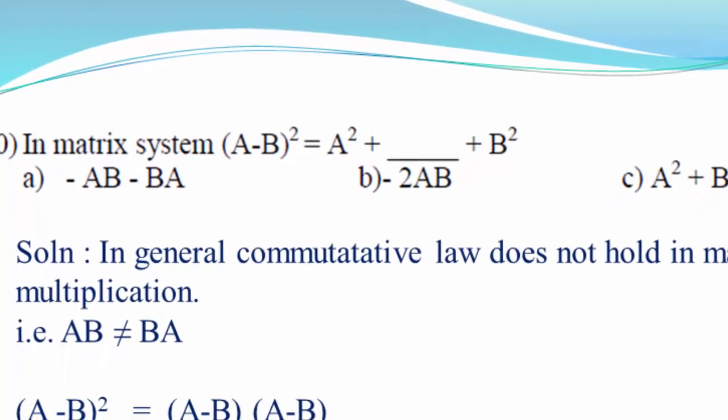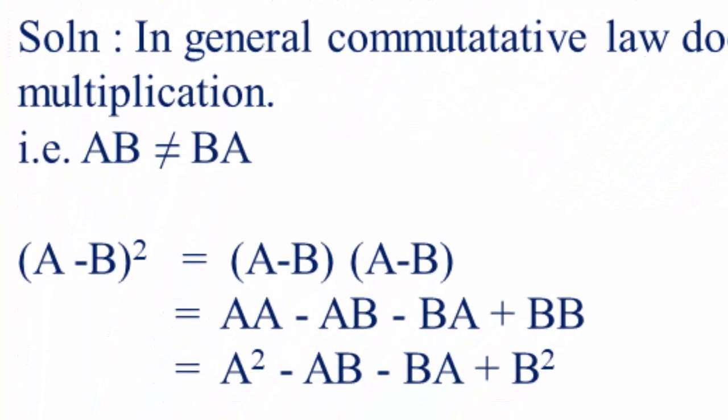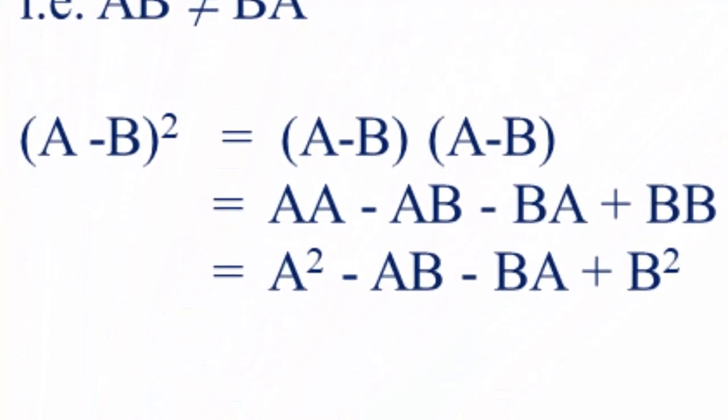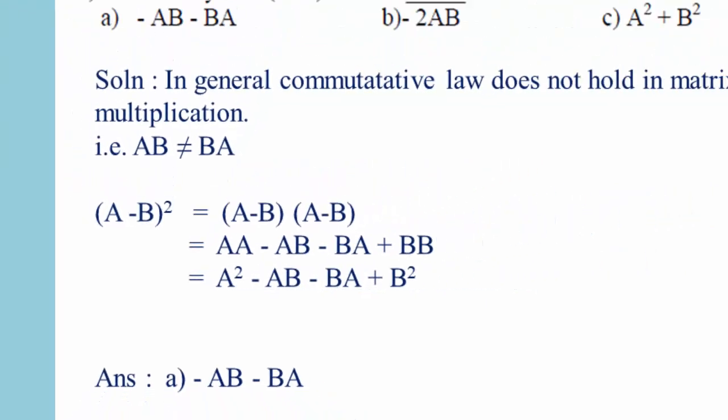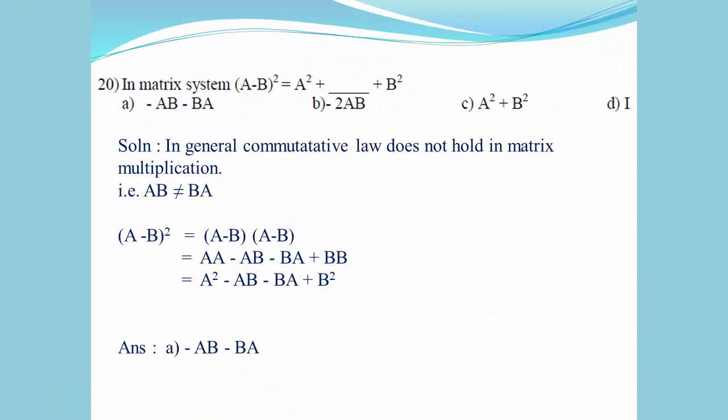Therefore, (A minus B) whole square has to be written as (A minus B) into (A minus B), and we have to multiply these two matrices. So, we get the resultant answer as A into A minus A into B minus B into A plus B into B. So, we get A square minus AB minus BA plus B square. Therefore, option A, minus AB minus BA, is right.